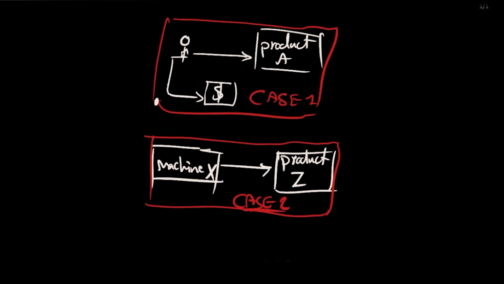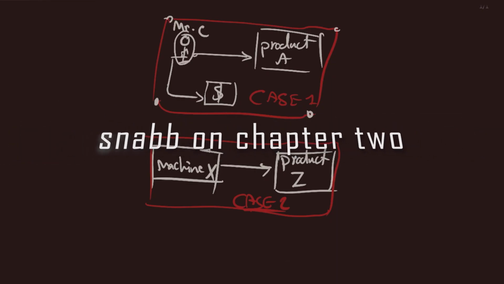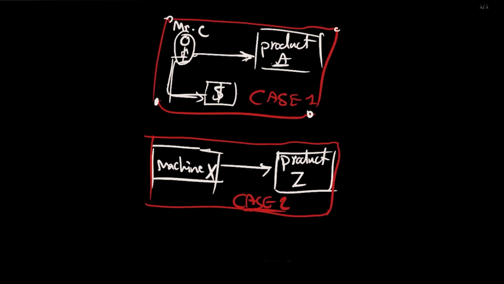All right, here's the issue with case 1. We would like to find out why this customer, we'll call him Mr. C, had purchased product A and was willing to pay amount X. Why? This is our question. And the second problem concerns case 2.